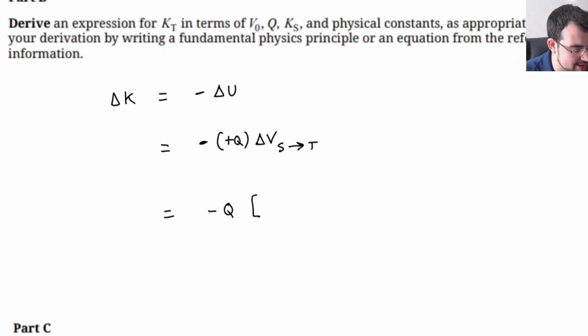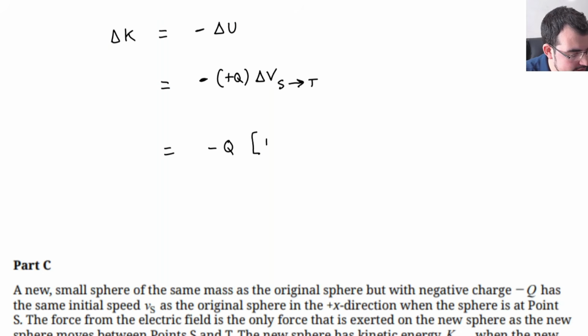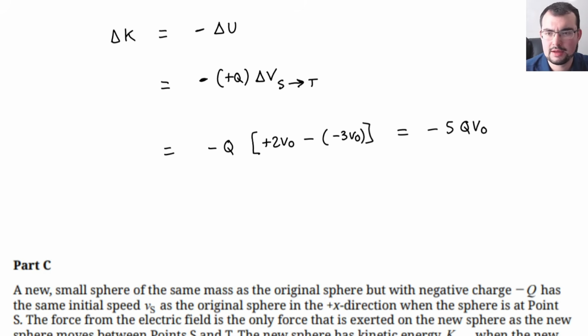The potential at S is negative 3V0. So I end at positive 2V0, and I started at negative 3V0. So my change in kinetic energy is negative Q times positive 5. So that would be negative 5QV0.